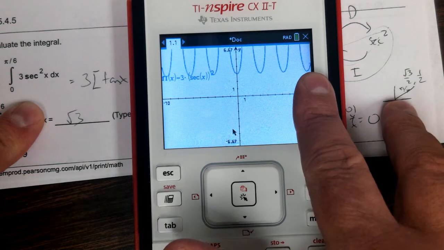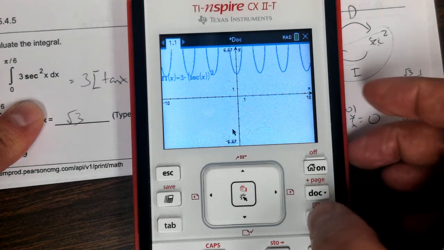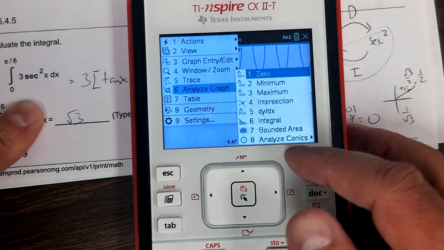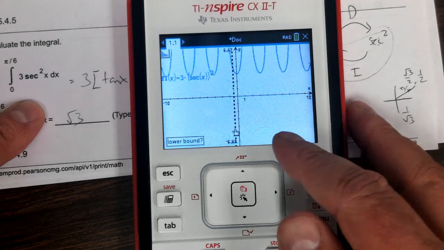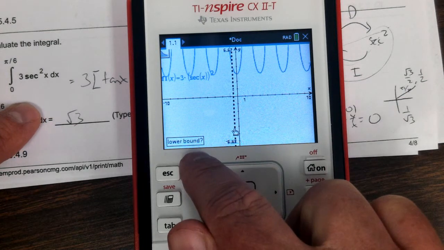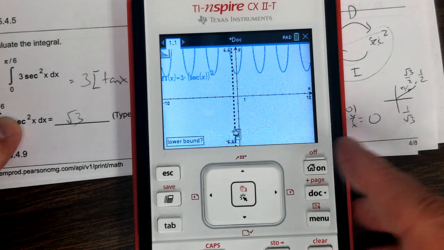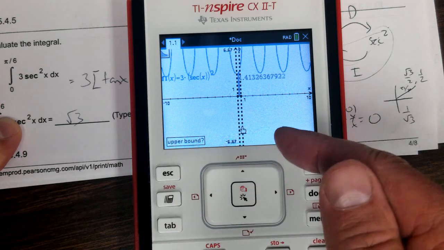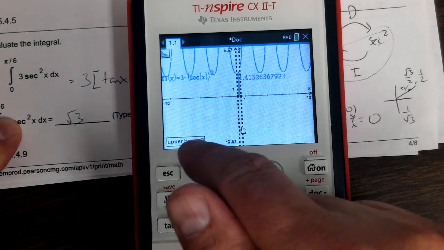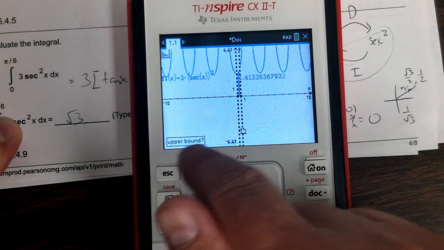Okay, there's your graph. And you want to do menu, analyze, the integral. Well, what I noticed is when you do the integral, at first it says lower bound, you put your 0, and then it says upper bound, so never mind.